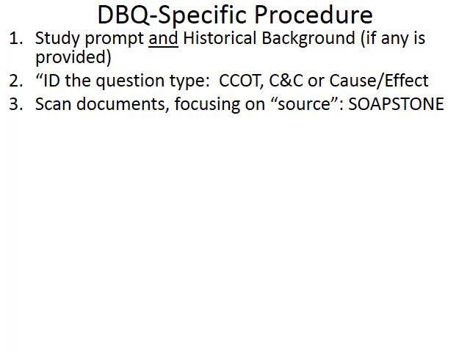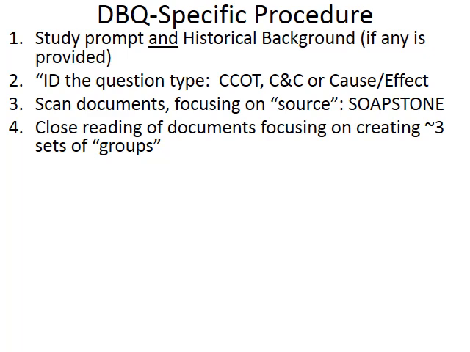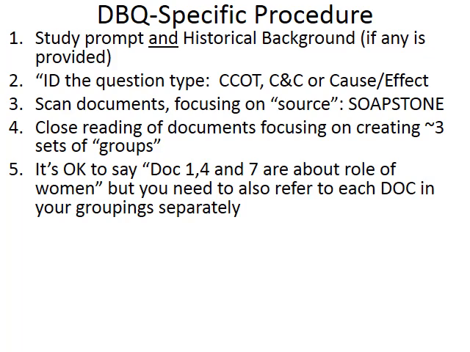Scan the documents quickly, focusing on the source. Remember SOAPSTone: speaker, occupation, audience, purpose, subject, and tone. Get a sense of what's going on, and then do your close reading, focusing on creating 3 sets of groups as you go through it.